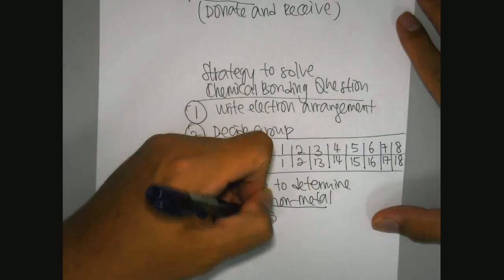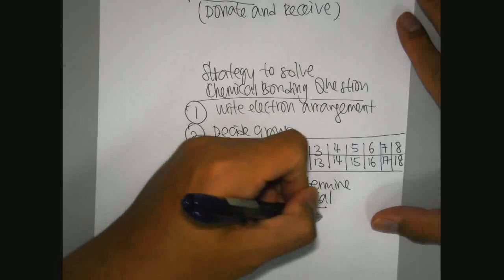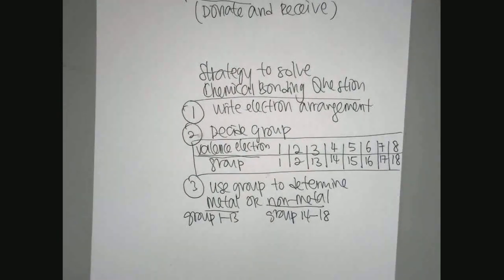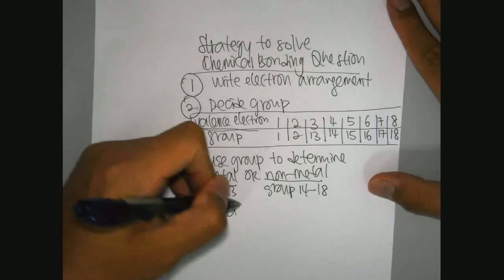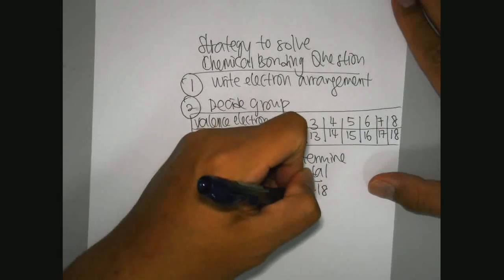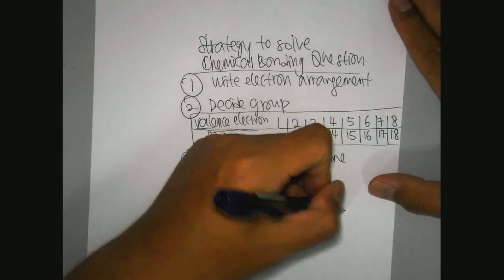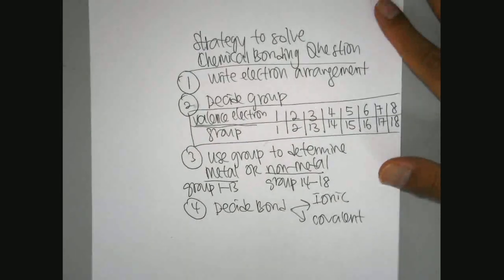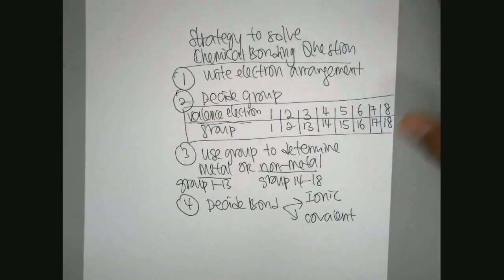Non-metals are from group 14 all the way to group 18. So this is how we do it. After we know whether they are metal or non-metal, we decide the bond. We are able to decide whether they will form an ionic bond or a covalent bond by knowing the nature of the substance.